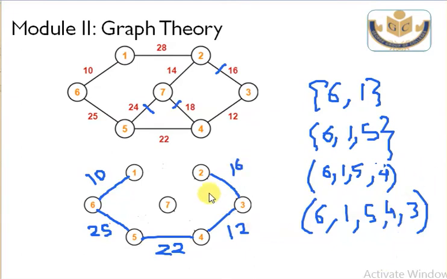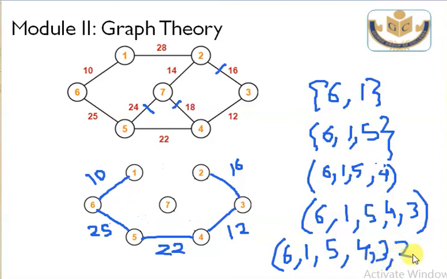Okay, great. Now I have a set of elements like 6, 1, 5, 4, 3, 2. So from 2 I can go to 1 with 28, but if I go from 2 to 1, this will create a cycle, correct?